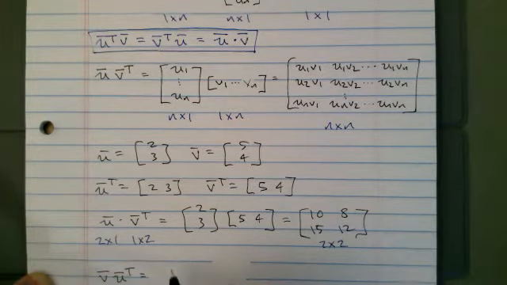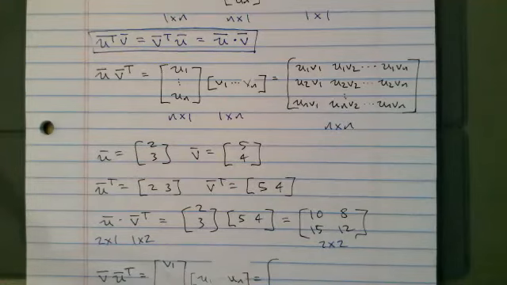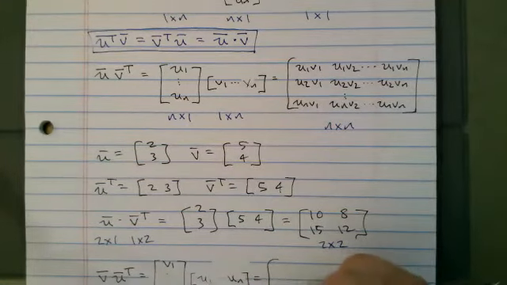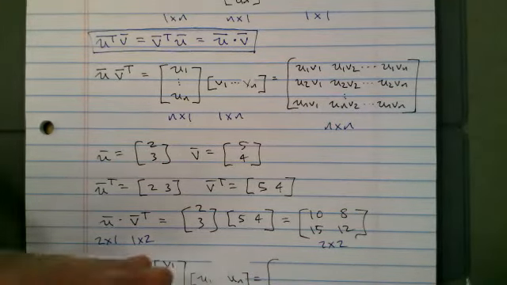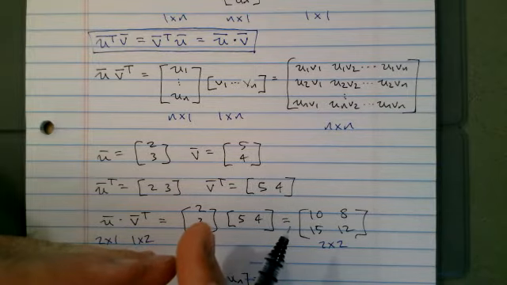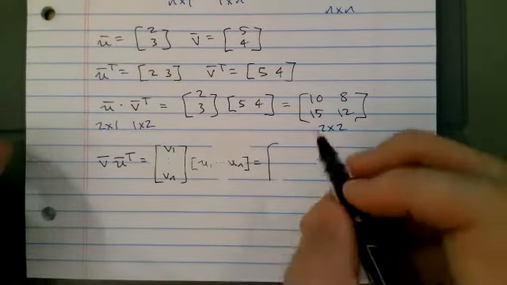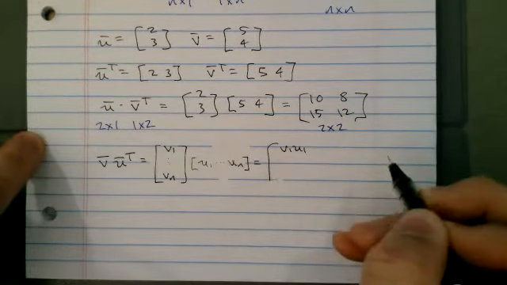I'll take the matrix V, which is V1 down to Vn, and the matrix U transpose, which is U1 out to Un. In my resulting n by n matrix, I'll take the first row of V and the first column of U transpose, so V1 U1.